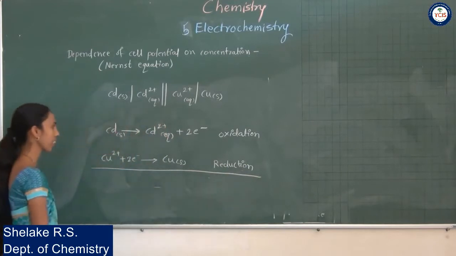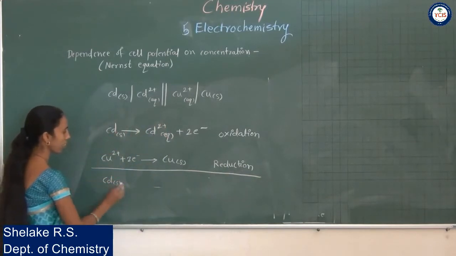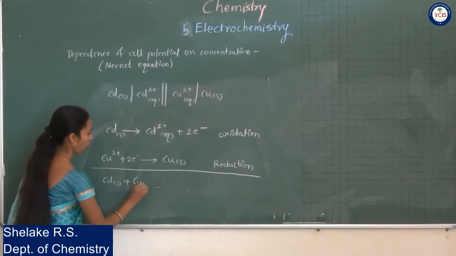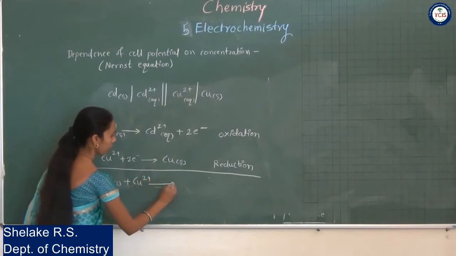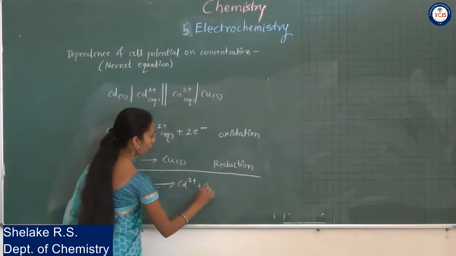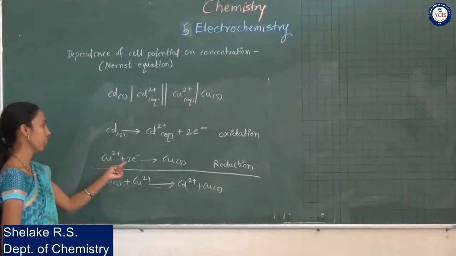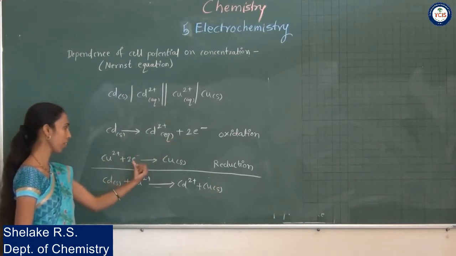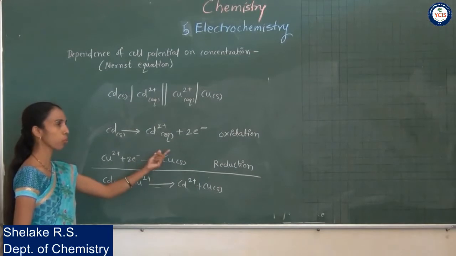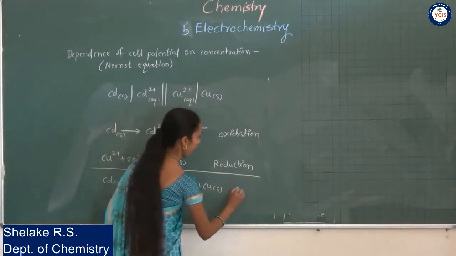So what will the net cell reaction be? Cadmium in a solid state plus copper 2 plus gives cadmium 2 plus ion plus copper in a solid state. While writing the net cell reaction, we have to remove the electrons.